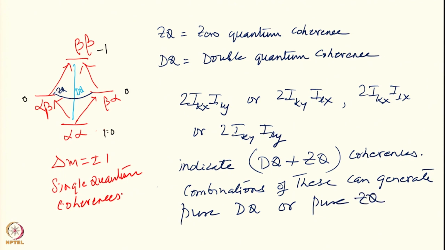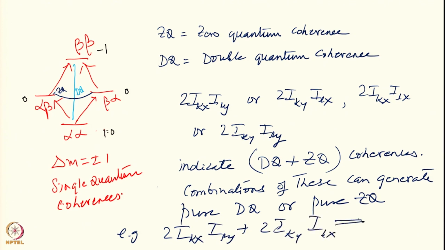So, for example, 2IKXILY plus 2IKYILX represents a pure DQ. Similarly, I can also make 2IKXILY minus 2IKYILX, that will represent a zero quantum.